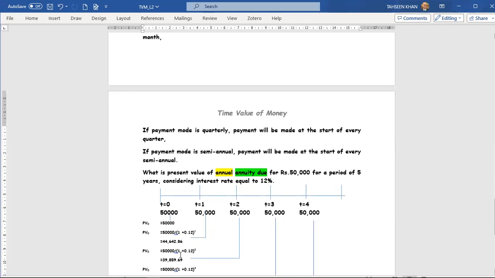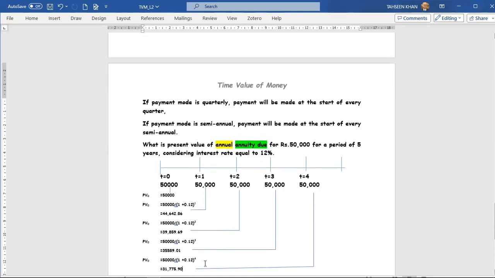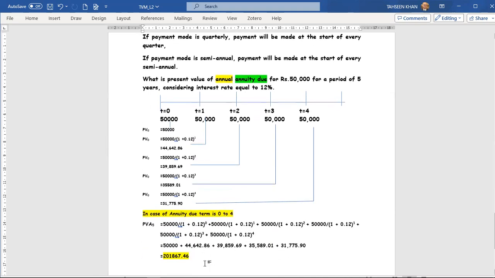For the next, you will divide by (1 plus 0.12) power 2, then for the next by (1 plus 0.12) power 3, and for the last by (1 plus 0.12) power 4. So in this case, the present value annuity calculation comes to 202,867.46.